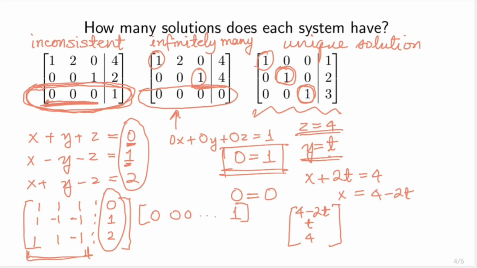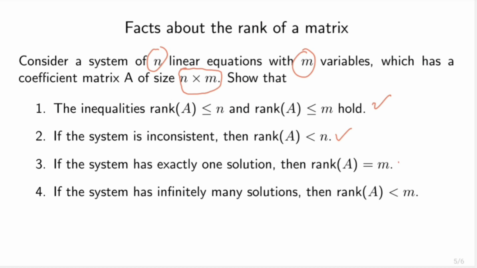Because if you don't have a leading one in a column, you end up with a free variable. And when you have a free variable, like in this second situation, you're able to set it to a parameter. Then for every value of that parameter, you get a different solution. You have many different solutions. So to have a unique solution, you need every column to have a leading one. And with that leading one, you're going to get your unique solution. So that's where we can deduce this fact from.